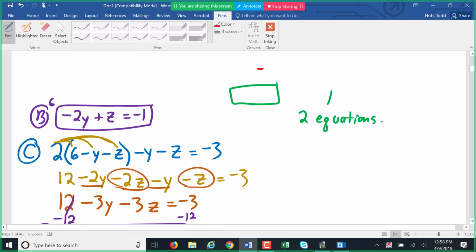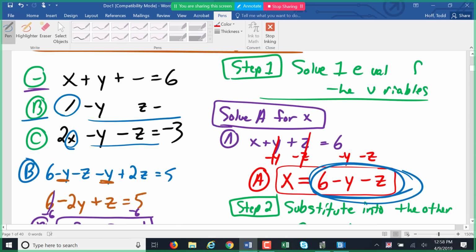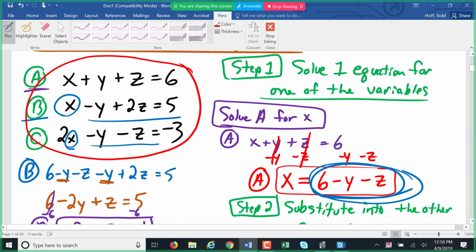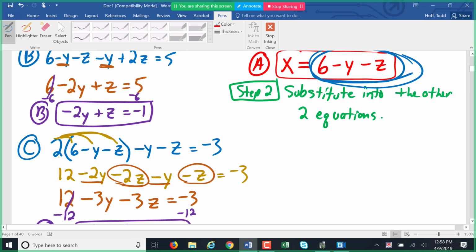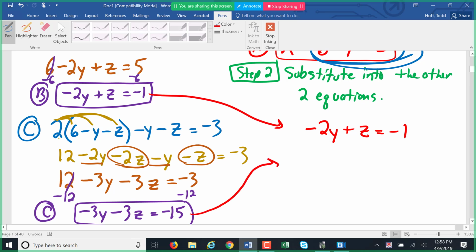I've reduced this from 3 equations with 3 variables down to 2 equations with 2 variables. That one and this one.